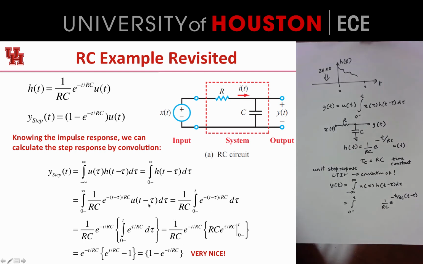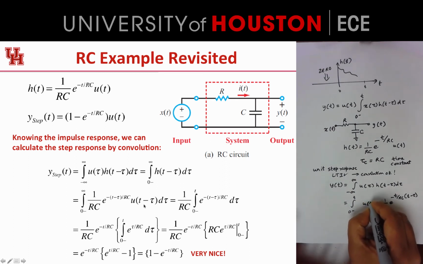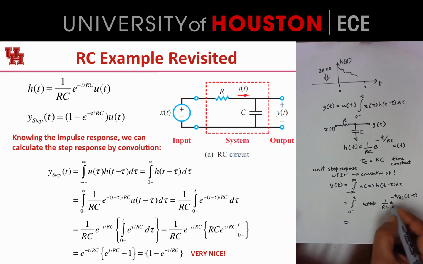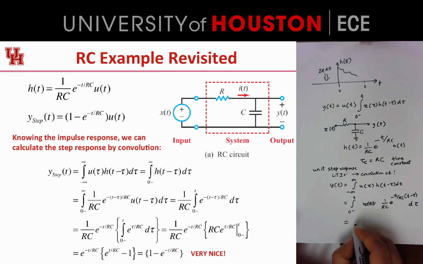I apologize for the typo. This should be U of t. But this U of t is just going to be 1 over this range, so we don't even have to write that. So we just have to integrate this over tau. So this is 1 over RC.